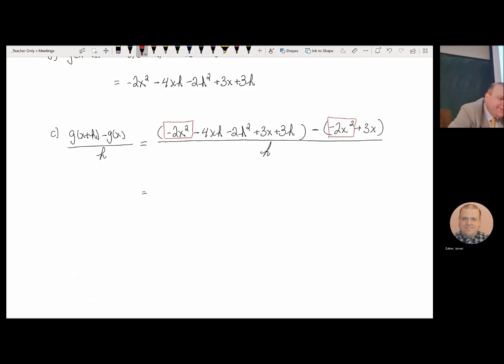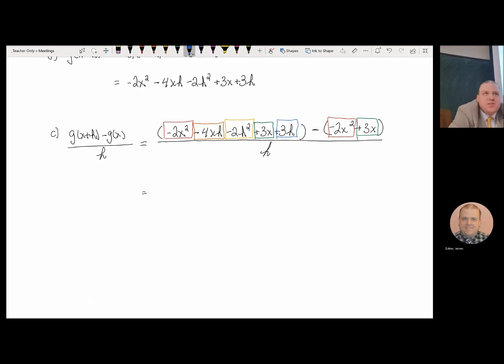Okay, so x squareds are like terms. We have an xh, just an xh. We have just the one h squared, right? The x terms.